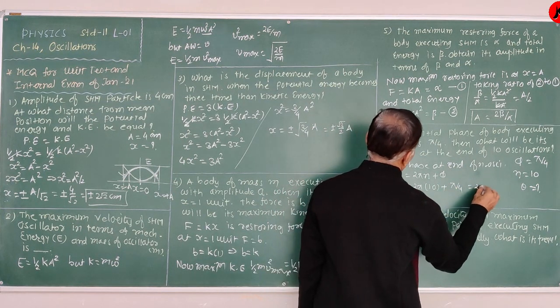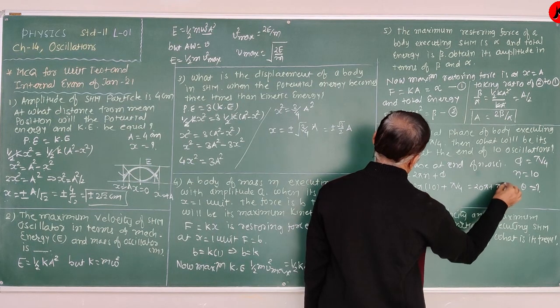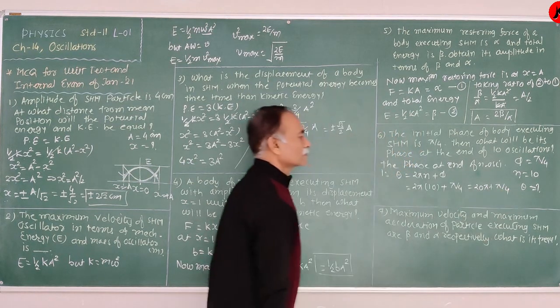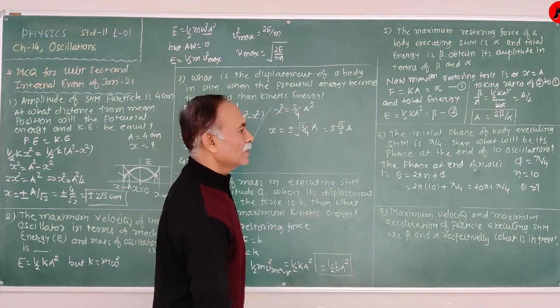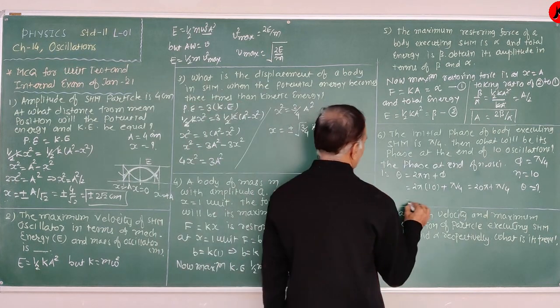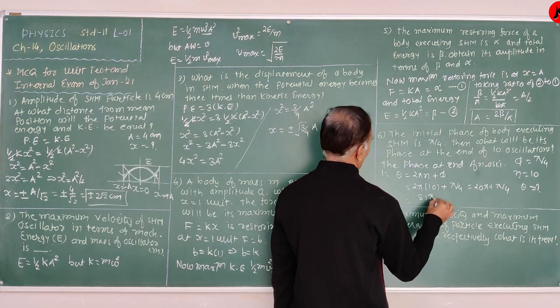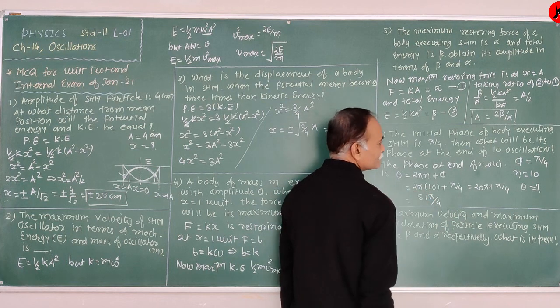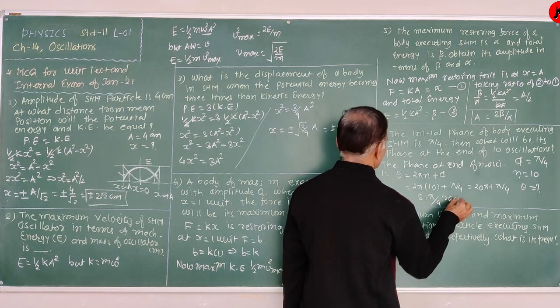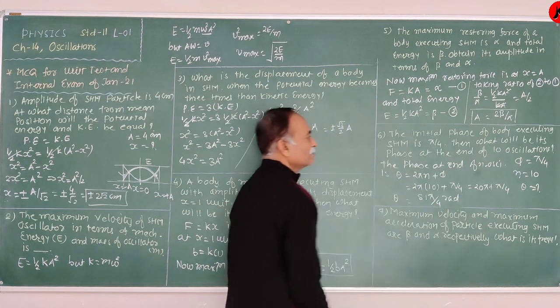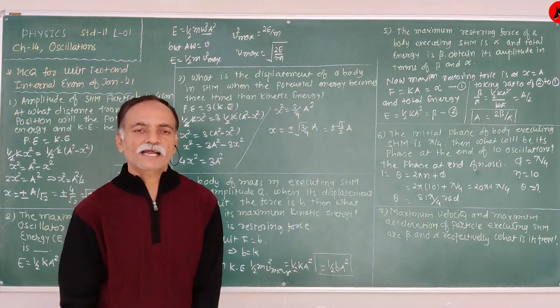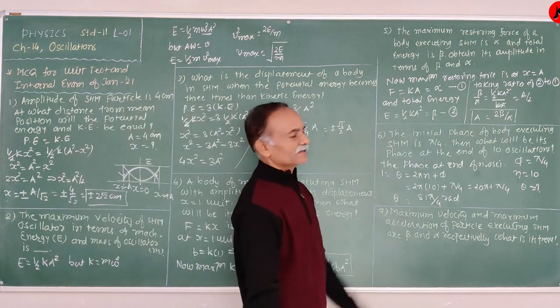That means 20 pi plus pi by 4. So take the LCM 4. Therefore, 81 pi by 4. That much radian is the phase of the simple harmonic oscillator at the end of 10 oscillations.